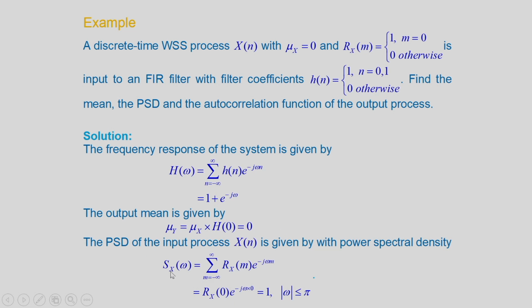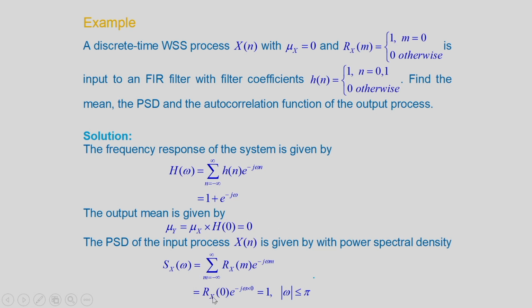Before that, we have to find the input power spectral density, that is Sx of omega, equal to the summation of Rx of m into e to the power minus j omega m, going from minus infinity to infinity. Here only one value of Rx of m is non-zero: at m equal to 0 it is 1, otherwise it is 0.